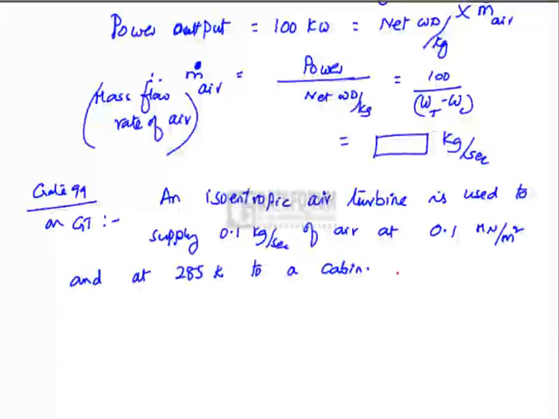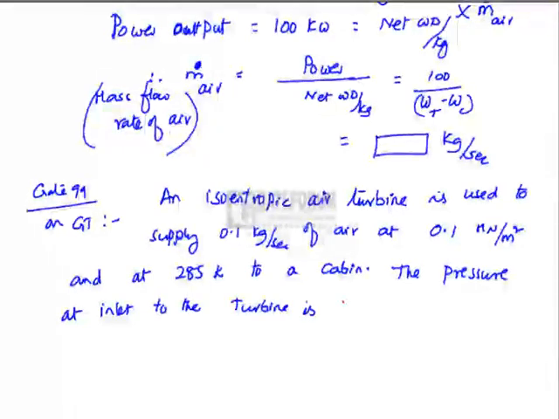The pressure at inlet to the turbine is 0.4 meganewton per meter square.